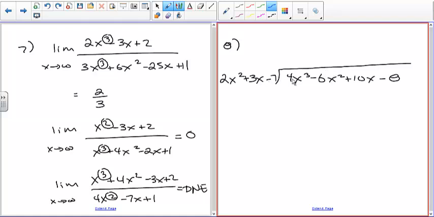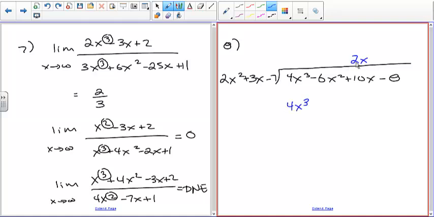So the question is, what do I need to multiply 2x squared by to get 4x cubed? So the answer is 2x. So I multiply 2x times 2x squared, that gives me 4x cubed. That's what I'm looking for.